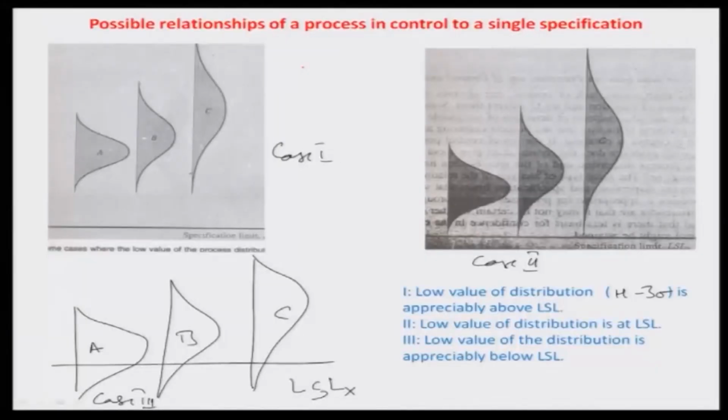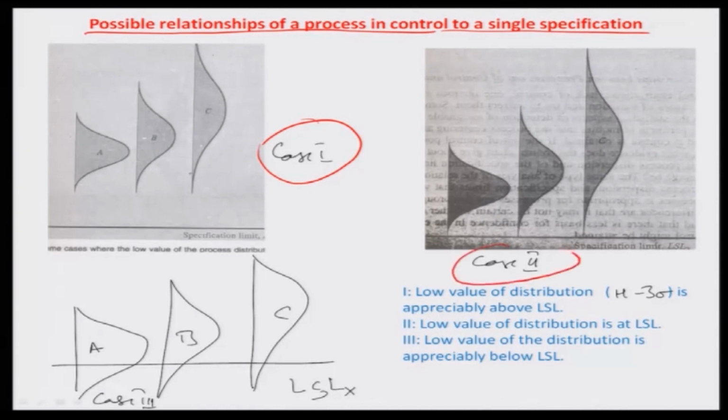I would just like to show a slightly different situation here, where the possible relationships of a process in control to a single specification are identified by 3 different cases: case 1, case 2 and case 3. In case 1, as you may see, there are different processes A, B and C with a certain spread and a mean, and although the means are all differently shifted and the spreads are all different, the lower specification or the lower acceptable limits are more or less the same for all the 3 processes.